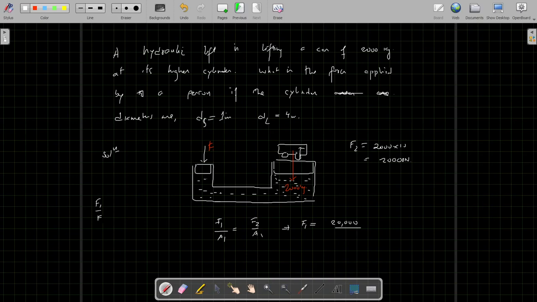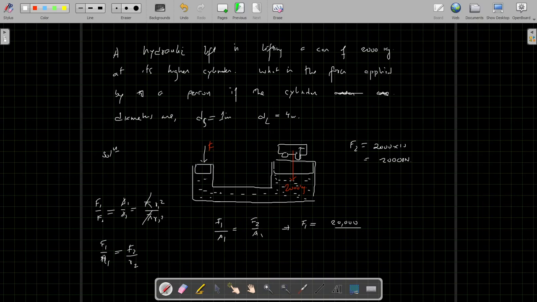F1 by F2 can be written as A1 by A2. So here pi R1 square by pi R2 square. So you can clearly remove pi. So this equation can also be written as F1 by R1 squared is equal to F2 by R2 squared. So we can employ this thing here.